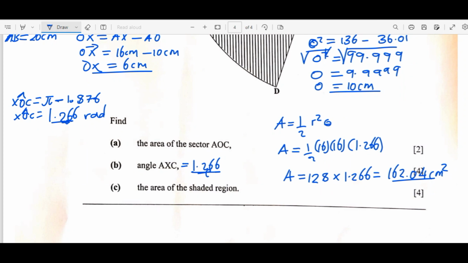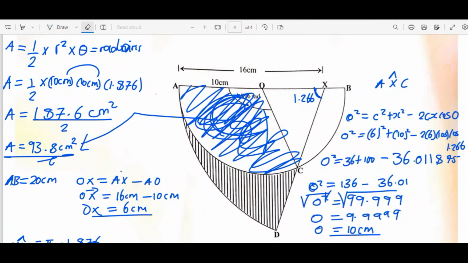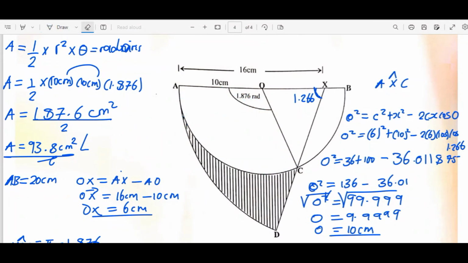So area of shaded part is equal to 162.04 centimeters squared minus 93.8 centimeters squared plus C. Plus C, there is another area that we are supposed to have, because 93.8 is for this sector, this one. So we need to find the area of this triangle here.